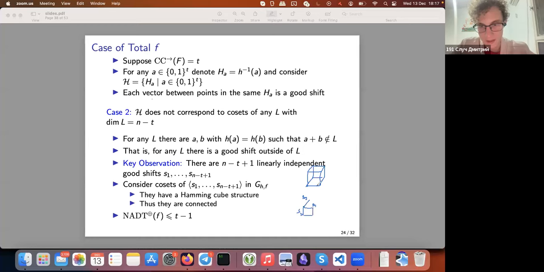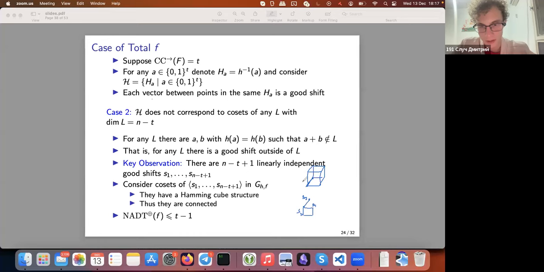Then we build an embedding of that Boolean cube into that graph. We map some vertex to some other vertex, and then we have that edge and we map it to S1 and so on.